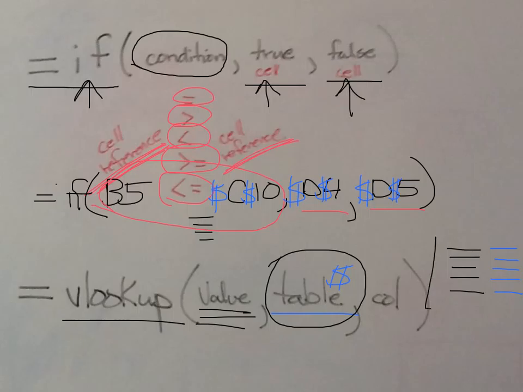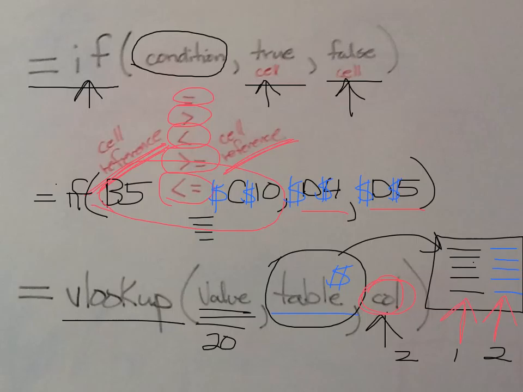Okay, let's say this is our table. And then this column value will tell us which column to grab the value out of. So let's just make up a simple example. Let's say this is 20, and this table is referencing this table here, and we have two columns, 1 and 2. So the column here, let's say, is 2.